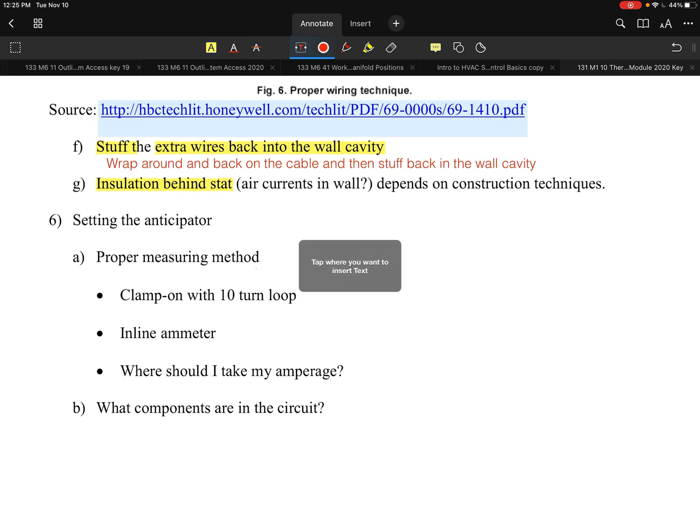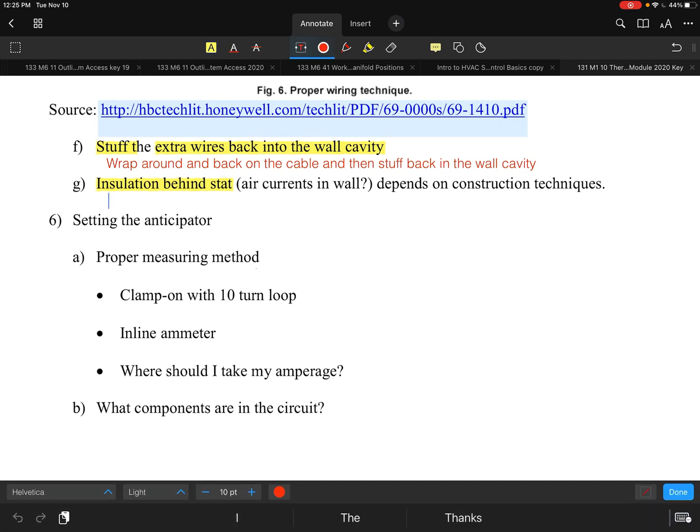So the note that I'll make here for the sake of doing this is: holes should be sealed, and it's really more of, I would say, a temperature and fire prevention measure, to some extent.